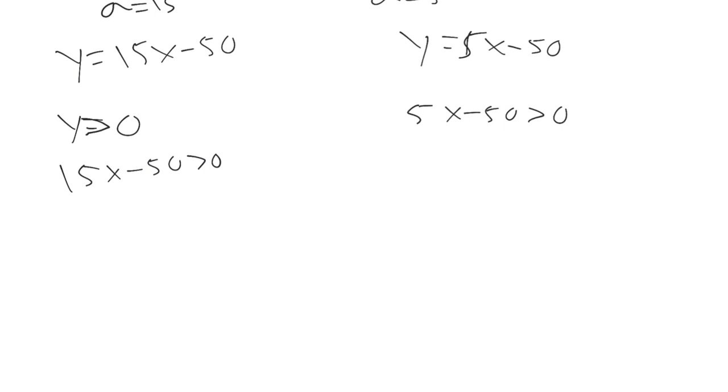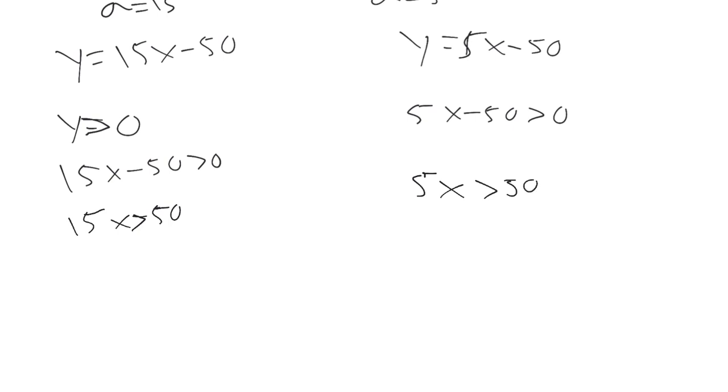So, all right, then we just solve. That's basically what we have left. So 15x has to be greater than 50, since this is sort of solving a normal equation, just that we have a greater than sign here. And on this side, we're going to get 5x is greater than 50.